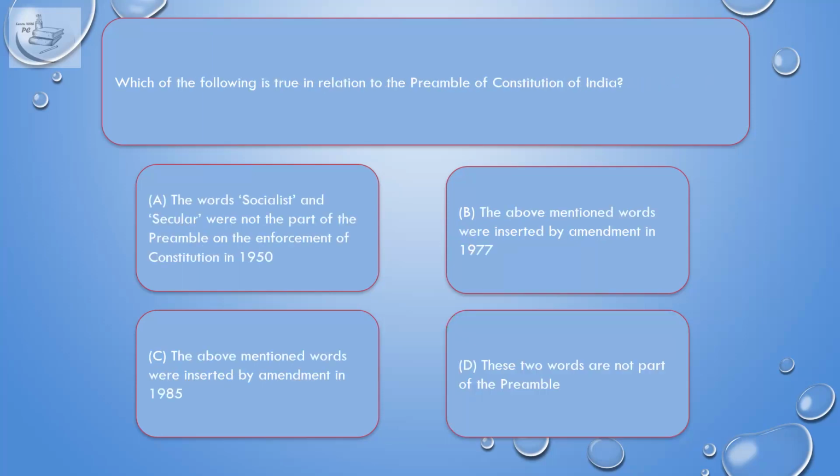Correct answer is D. Economic liberty. Question: which of the following is true in relation to the preamble of Constitution of India? A. The words socialist and secular were not the part of the preamble on the enforcement of Constitution in 1950. B. The above mentioned words were inserted by amendment in 1977.